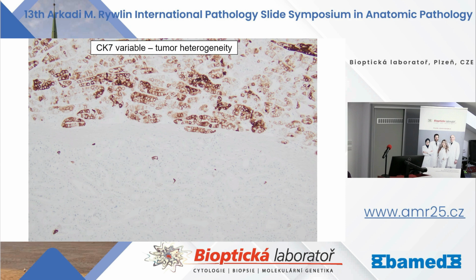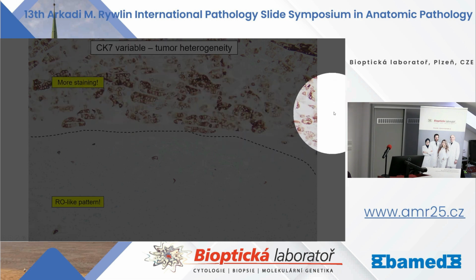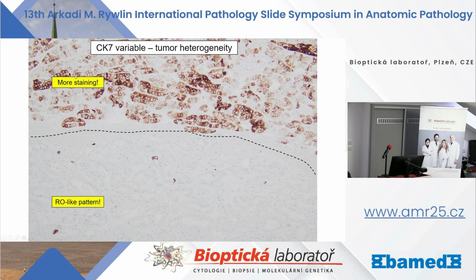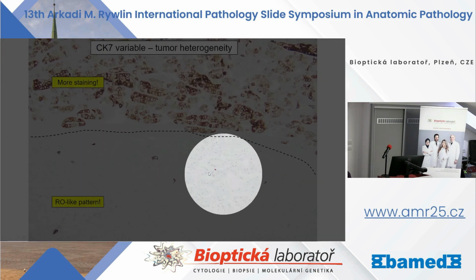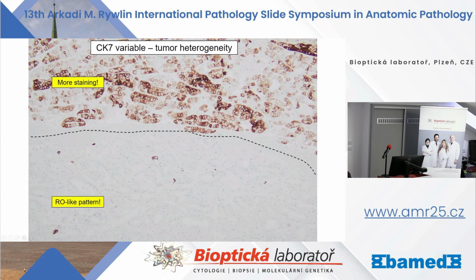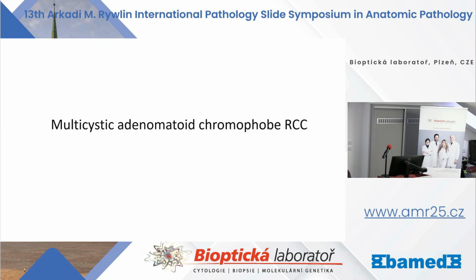As you can see here, there is a part of the tumor which is diffusely positive, and then a part of the tumor in which CK7 is reactive only in single cells, which resembles the staining pattern of CK7 in oncocytoma. Another stain which I use relatively frequently is vimentin. The vimentin is typically negative in this type of tumor. So the diagnosis is chromophobe renal cell carcinoma.